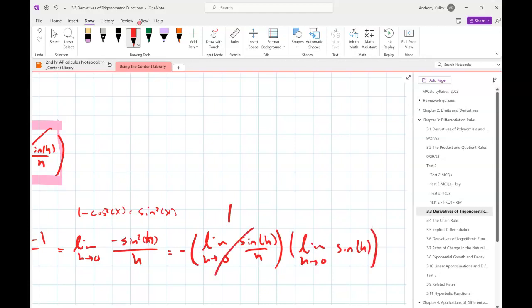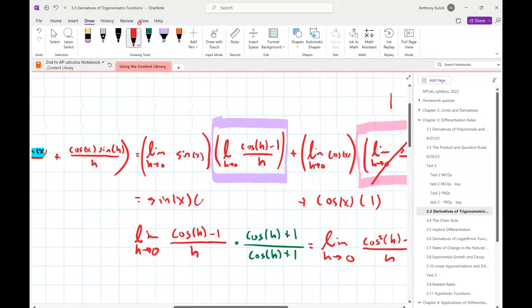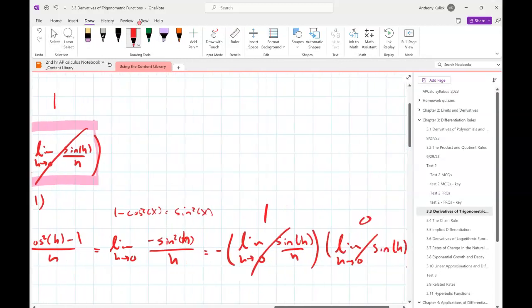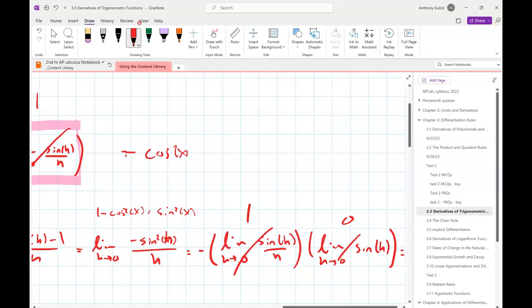Well, this is 1. And what's sine of 0? 0. So what's this come out to be? 0, which is what we hoped was going to happen, right?